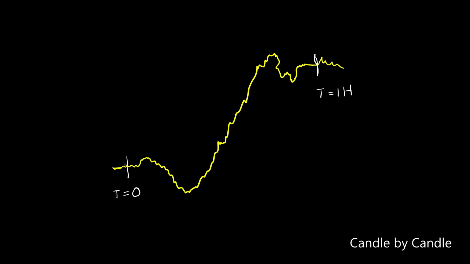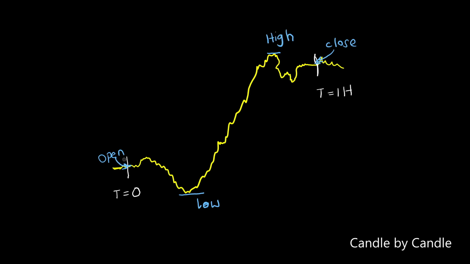All right, when T equals 0, we call that the opening price. So here is the open, here is the close, and within this time limit the lowest point the price went is here, and this is the highest point, that is the high.